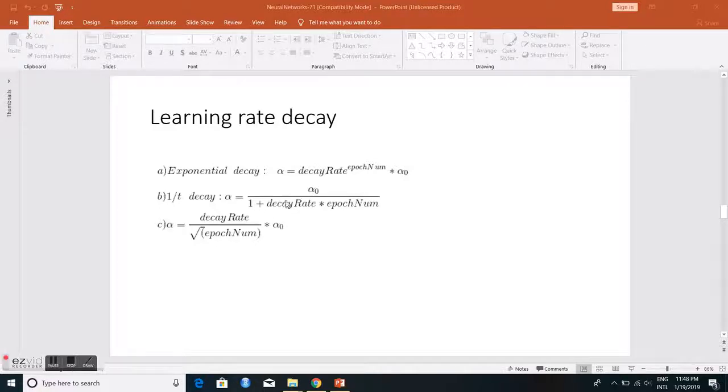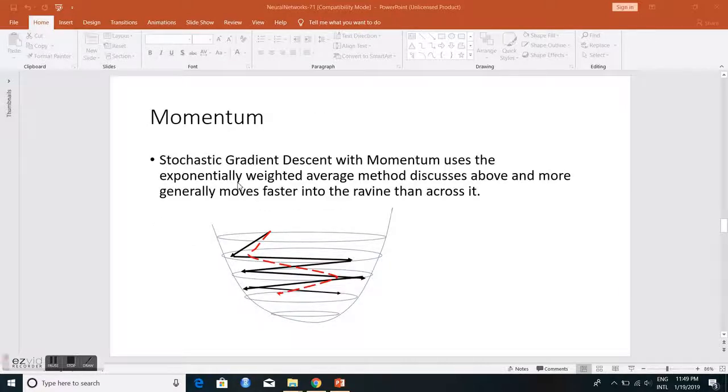The second one is 1 by t decay: alpha is equal to alpha 0 divided by 1 plus decay rate times epoch number. As this epoch number increases, you will find this value decreasing. So this is another method where, with the epoch number or the number of iterations, you can slowly keep decreasing this learning rate.